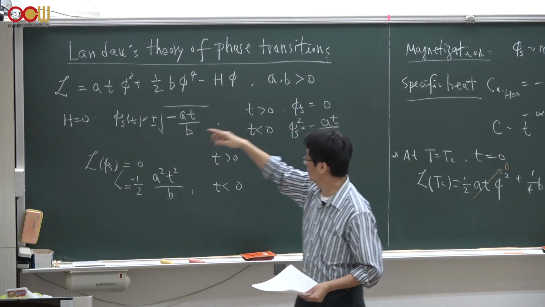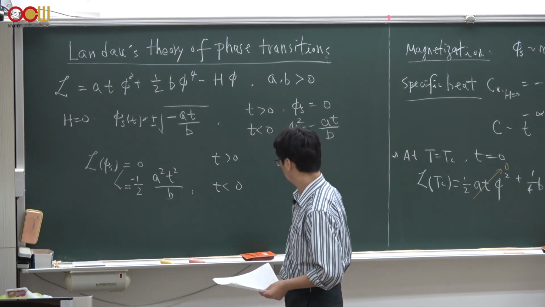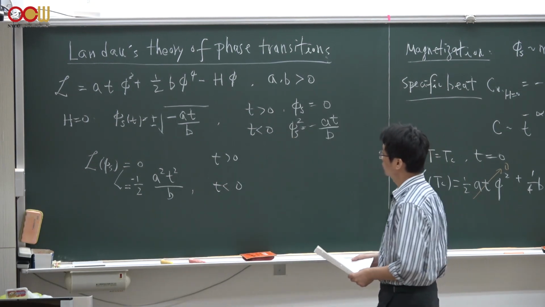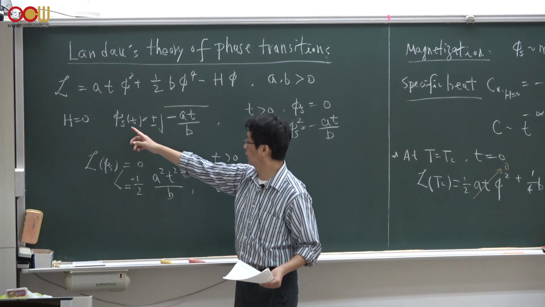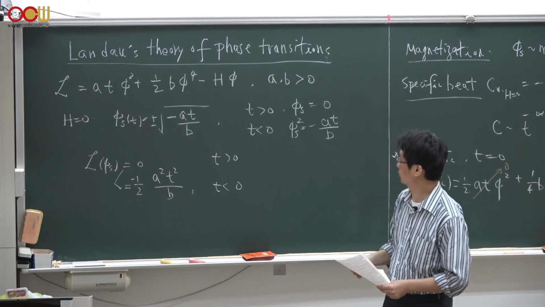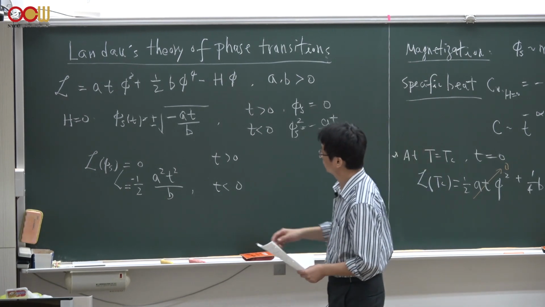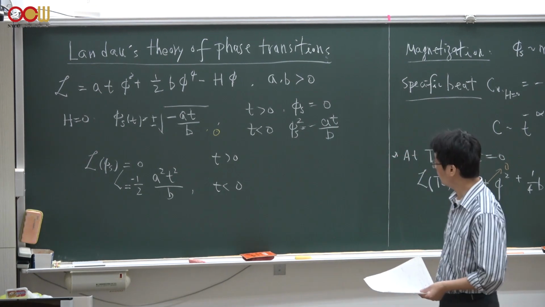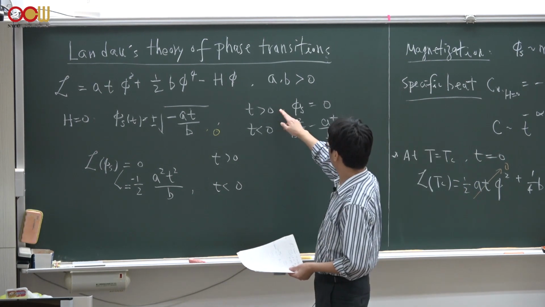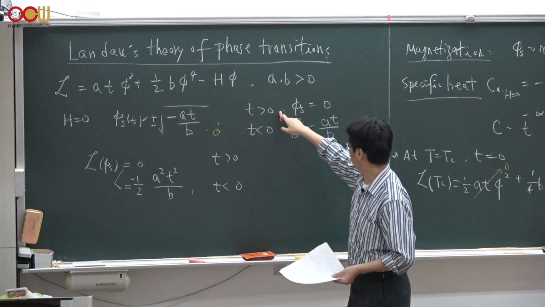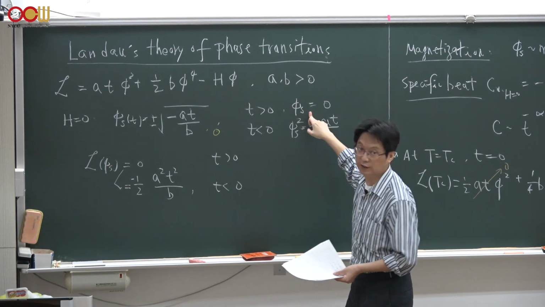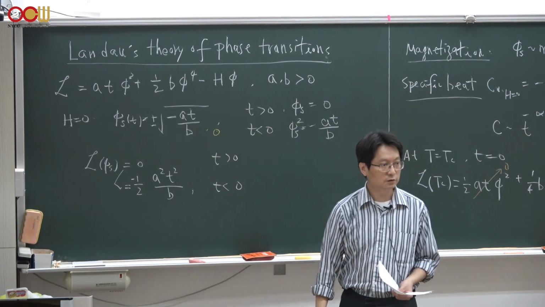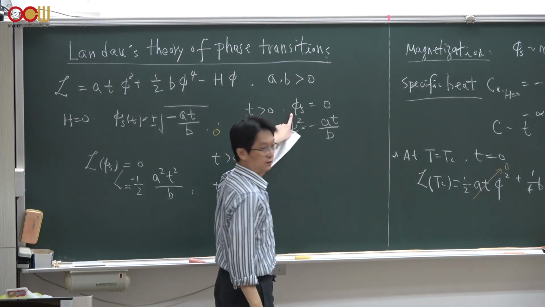So at h equals 0, we can find the solution of non-zero magnetization or order parameter by minimizing Landau's free energy density with respect to phi, and we get a trivial solution phi equals 0 in any case. So when the temperature is above the transition temperature Tc, we don't have any finite mean field order parameter, and phi is 0.